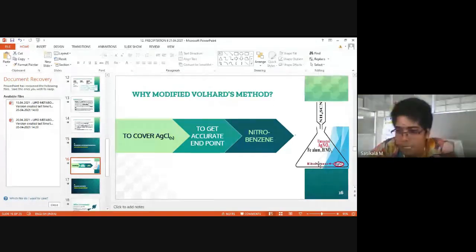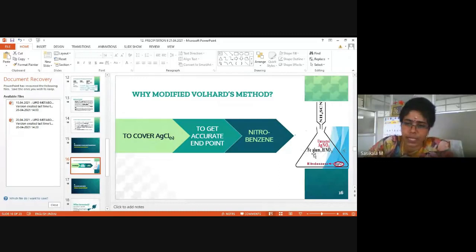So only the excess silver nitrate will react with ammonium thiocyanate to give silver thiocyanate, and the excess ammonium thiocyanate will interact with the ferric ion to give ferric thiocyanate. That will be the endpoint.